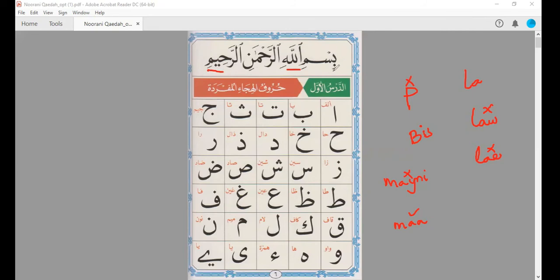Once again. Bismillahirrahmanirrahim. Also no tune. Don't give a lot of tune. Al-Qaida Nooraniyyah is supposed to be plain and completely concentrating on the way of pronunciation and the application of the rules of Tajweed. Okay, so try to do that.